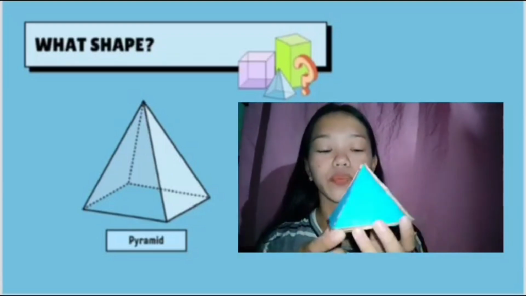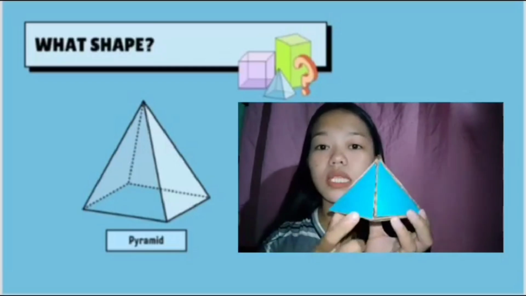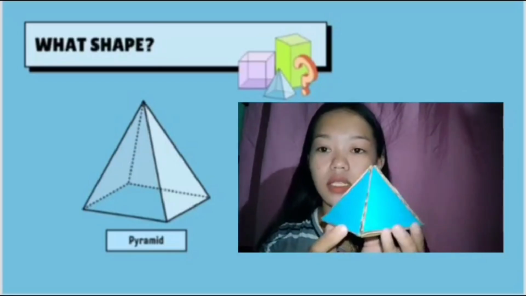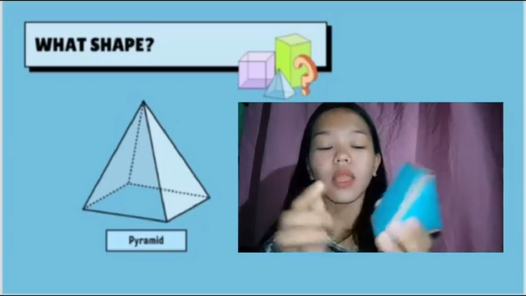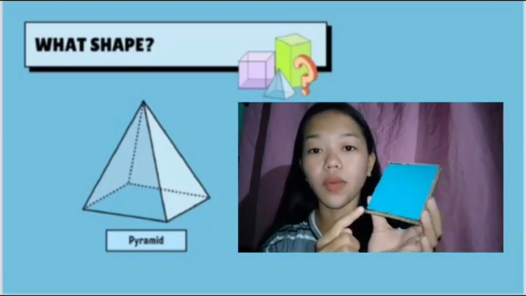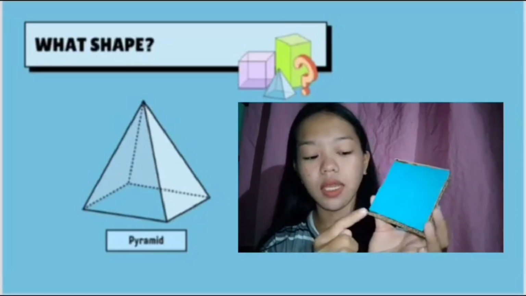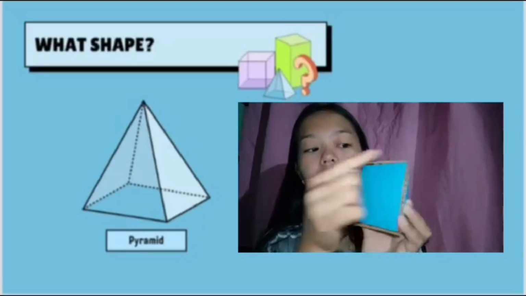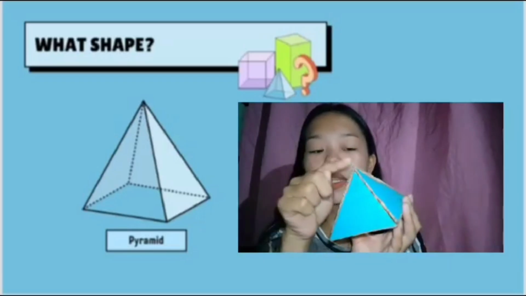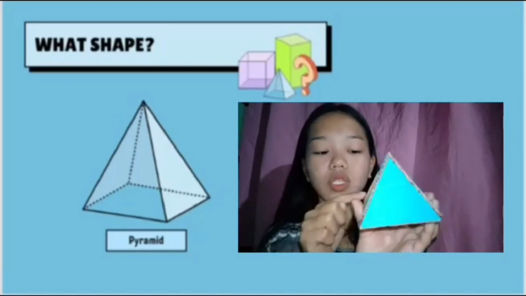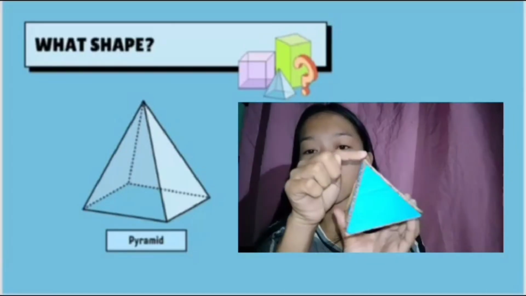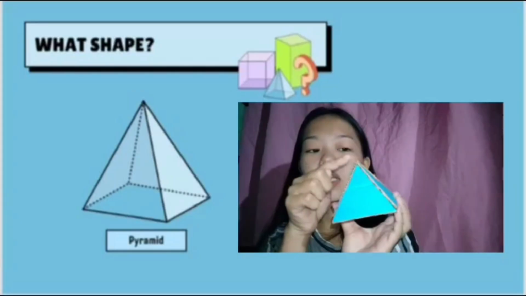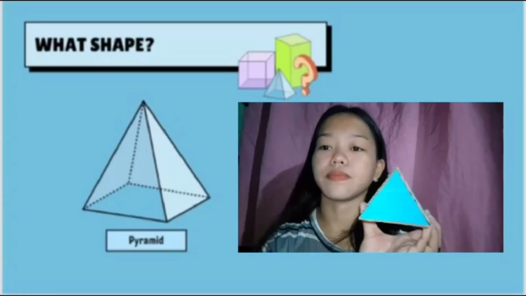And ang square pyramid pod naa siyay 5 vertices, upat diri gikan sa base, 1, 2, 3, and 4. And then ang naa sa apex, isa ra siya ka point, nga mao na siyang 5 vertices.